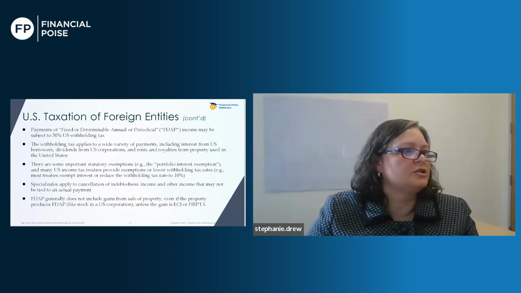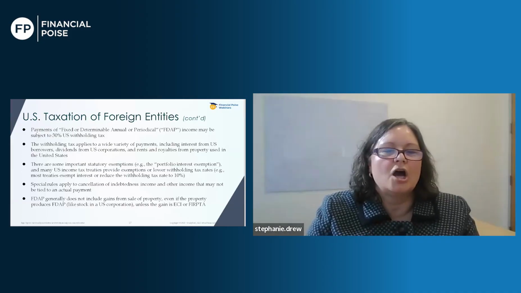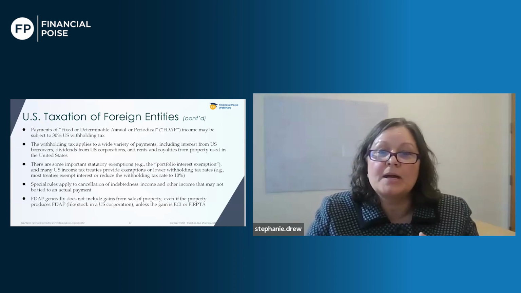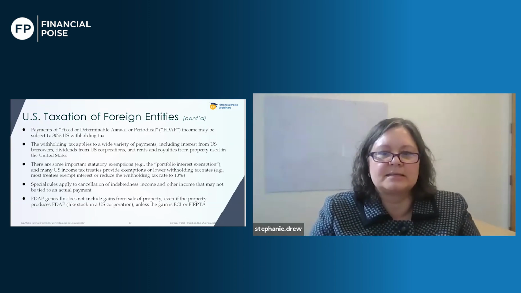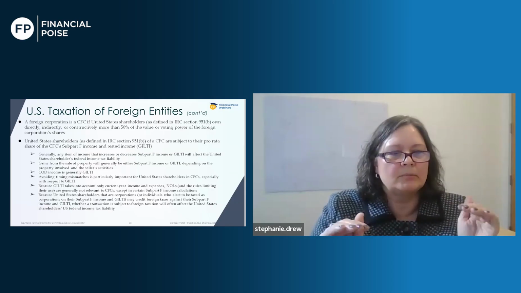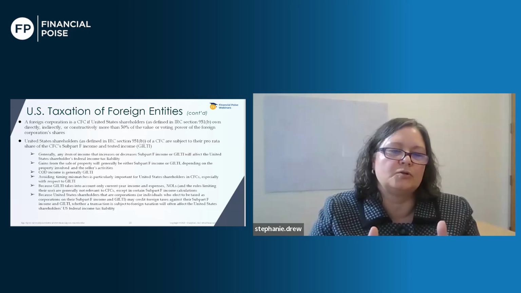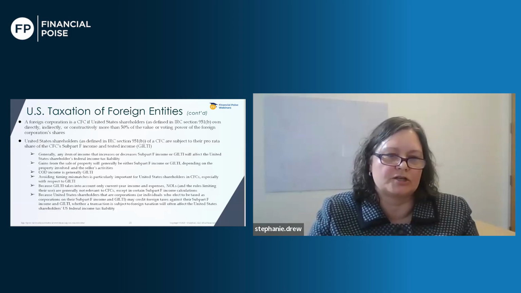The other issue that we have with U.S. taxation of foreign entities is called the Global Intangible Low Taxed Income tax. And the idea with this is that it is a sort of minimum tax, a minimum level of tax that's going to be applied to U.S.-owned foreign corporations.